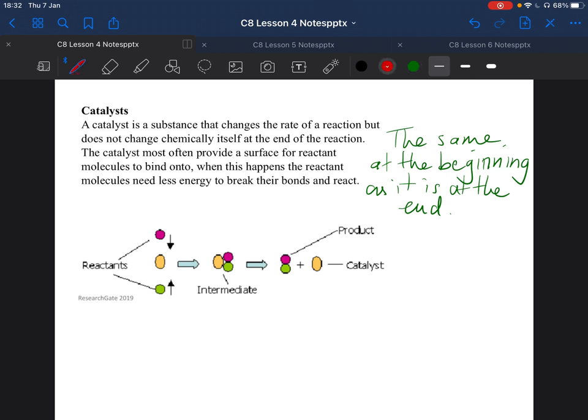Well, the important part for this is catalysts actually provide a surface for the reactant molecules to bind onto. So if we look at this diagram right here, what we've got is our catalyst. Our reactants come in and get stuck to the catalyst. And what happens is because they are now here in our intermediate, they require less energy to react.